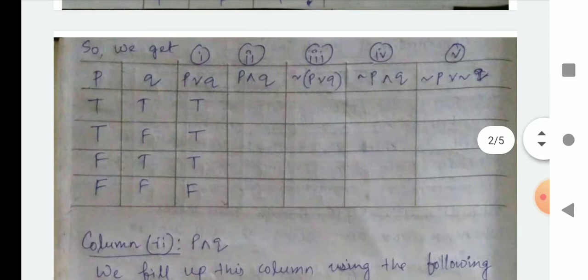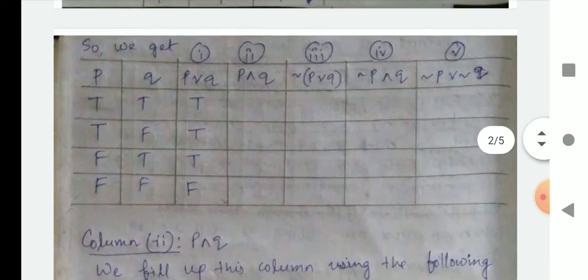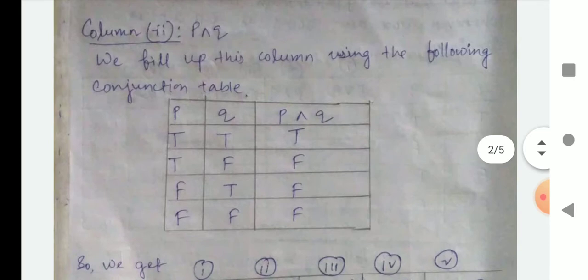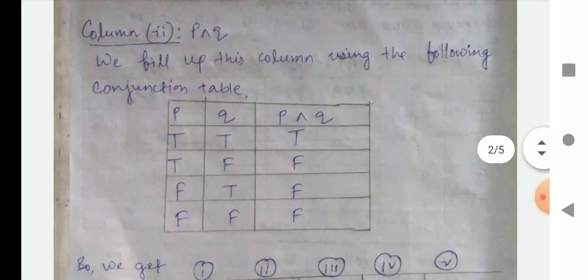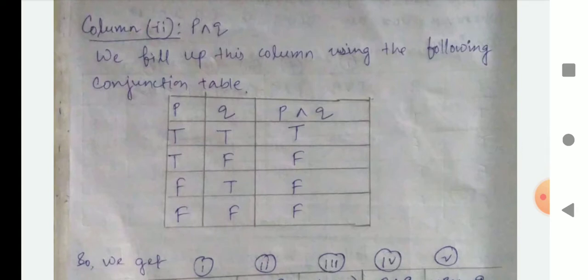Now similarly we will proceed for column 2. Column 2 is given as P conjunction Q. So we fill up this column using the conjunction table. We will recall the conjunction table: only when both of the statements are true is the truth value of the conjunction true. If one of the statements is false, or both are false, then it will be false.